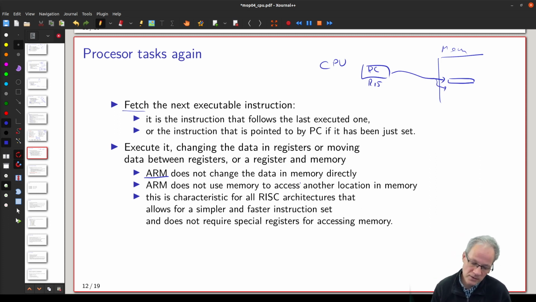If you want to do this kind of thing, you have to load the first memory location to a register, and then you can use this register to point to a different location in memory and access data from that memory. So you could do it that way, but you cannot do it in one step, right? You would need to have a little program for that. Okay. And that's how it is for all RISC architectures, right? So the point was to allow for simpler and faster instruction sets.